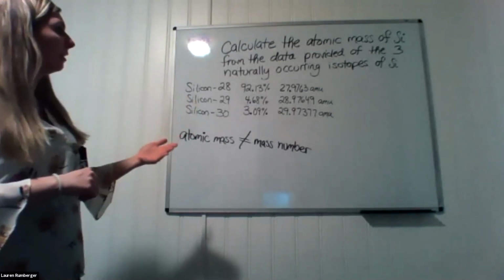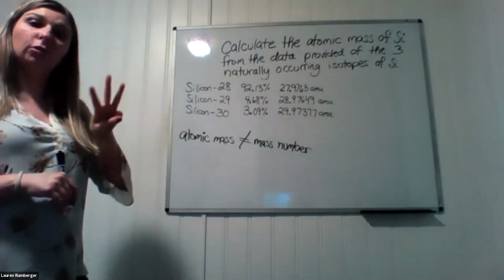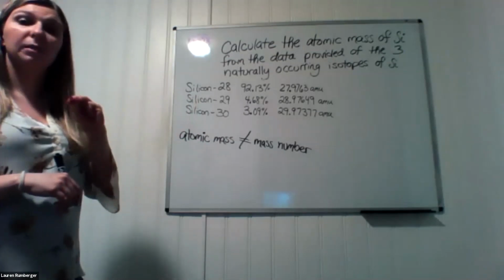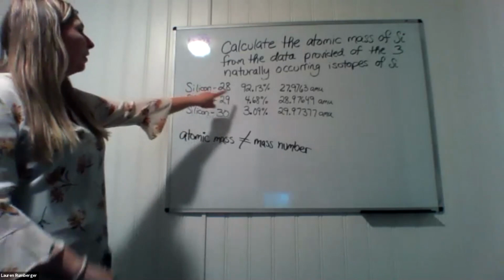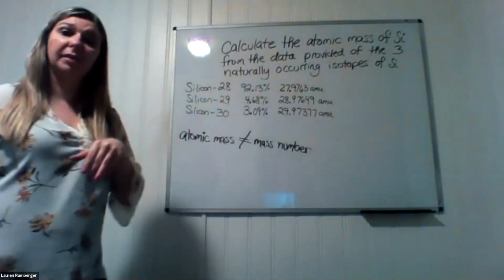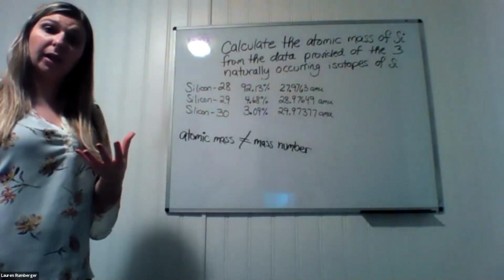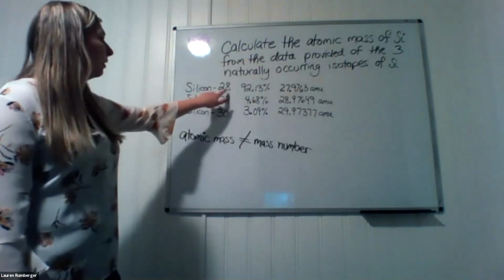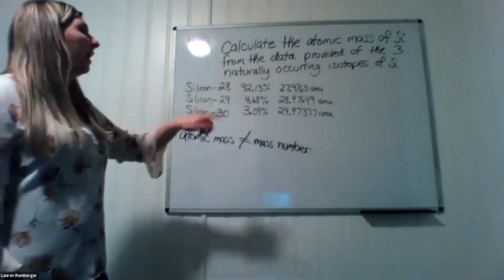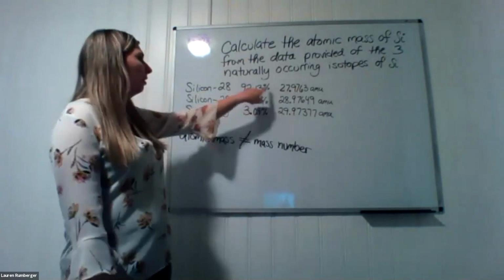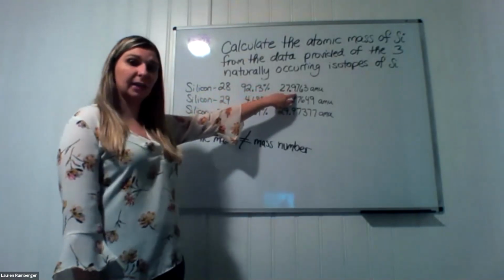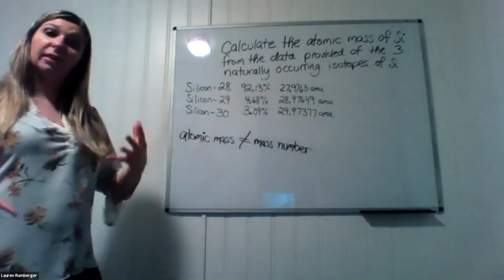So for the element silicon, there are 3 naturally occurring isotopes of silicon. 92.13% of the atoms of silicon exist as silicon-28. And the exact mass of silicon-28 is given here. So you have this on your slide.